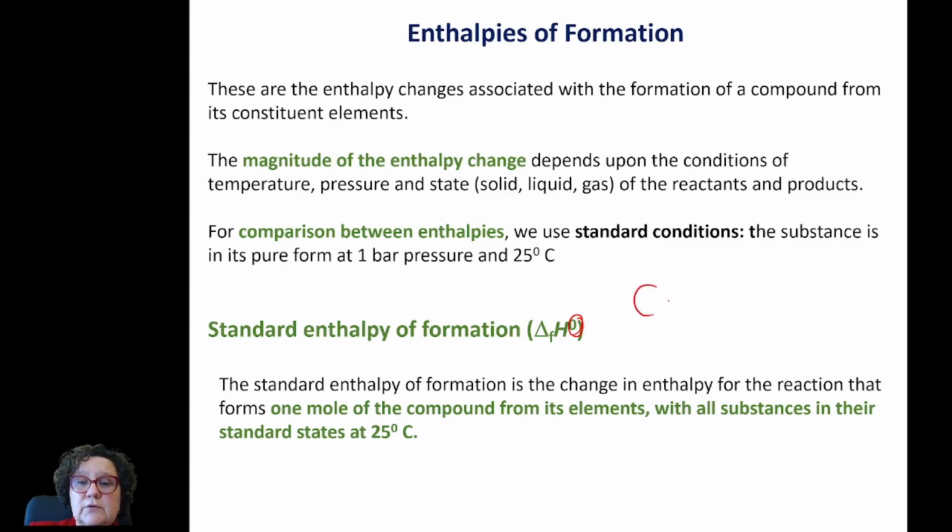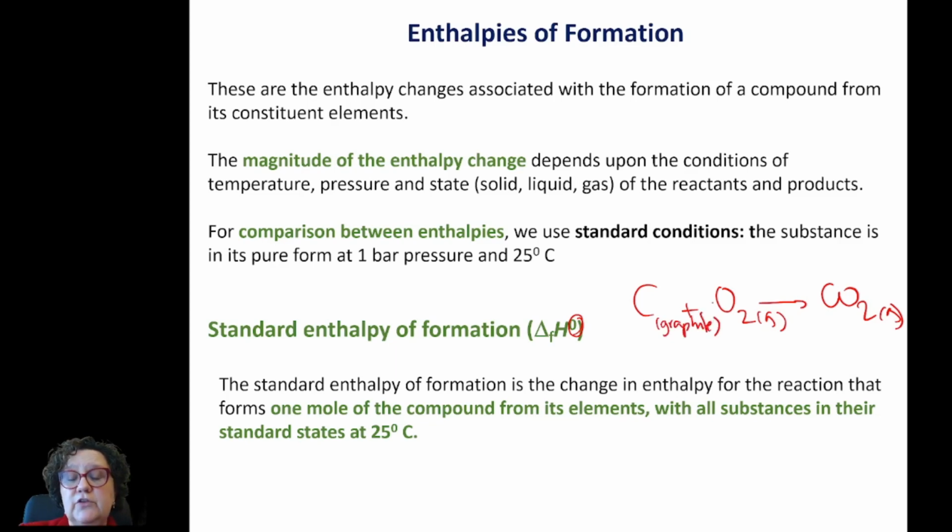So you've got carbon and oxygen, that will give you CO2. And CO2 is a gas because it's a kind of normal form. Oxygen in nature is a gas, O2, and carbon has several forms. It could be graphite, it could be diamond, but it is defined as carbon graphite.